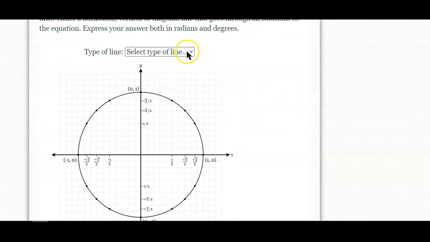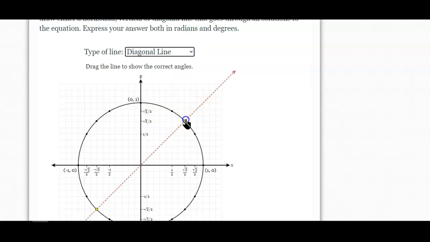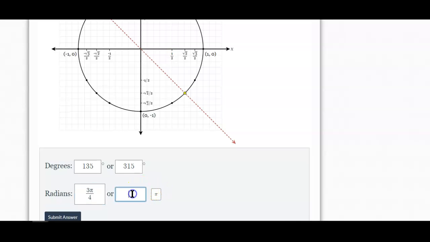Tangent of -1 is the same. It's a diagonal line. If it's negative, the slope is negative going this way. So we had 135 and 315 and 3 pi over 4 and 7 pi over 4.